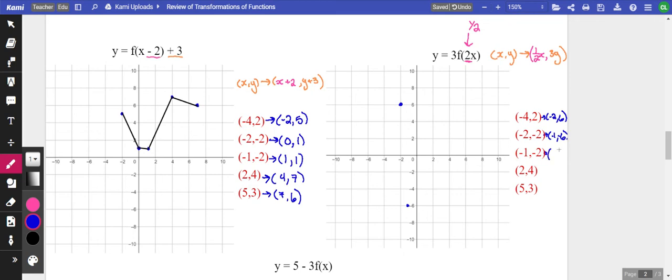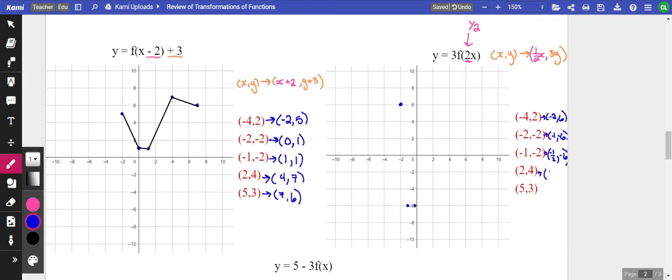What used to be negative 1 is now negative 1/2. What used to be negative 2 is negative 6. So I need negative 1/2 and negative 6. It's going to be approximately there-ish.